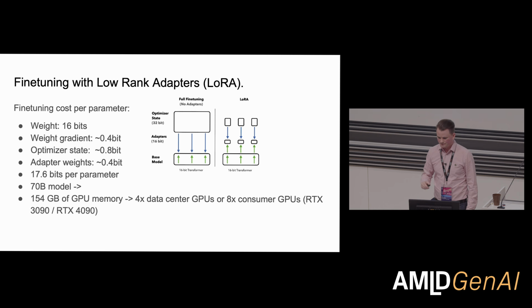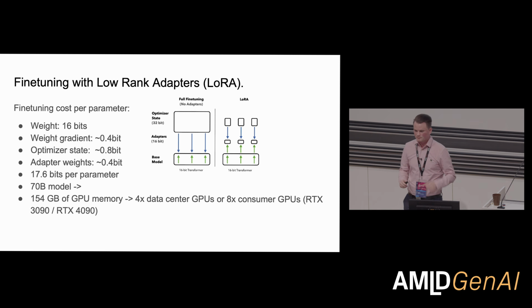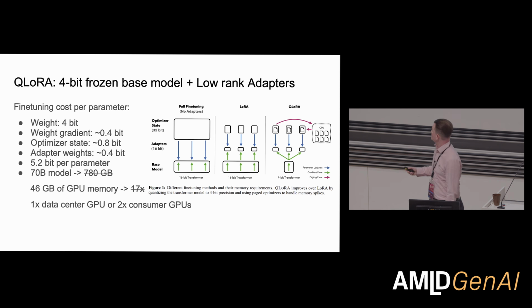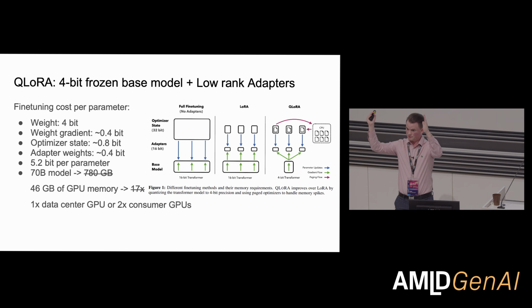And so to improve this, to basically bring everything to a single GPU, what we do is we invented QLoRA. And in QLoRA, you have low-rank adapters, but now the difference is that the base model is quantized to 4-bit. So you take a pre-trained model like Llama 2, 70 billion, you quantize it to 4-bit, then you put low-rank adapters on top.